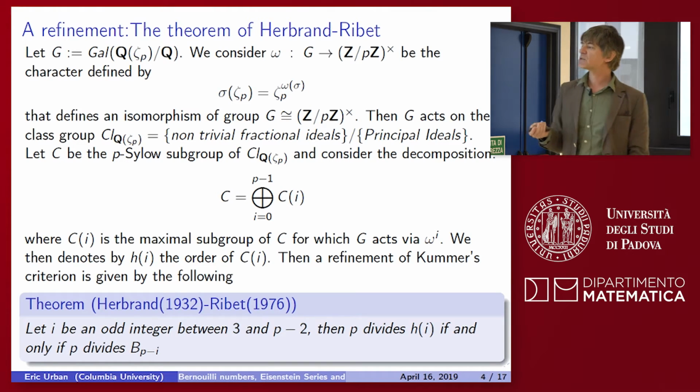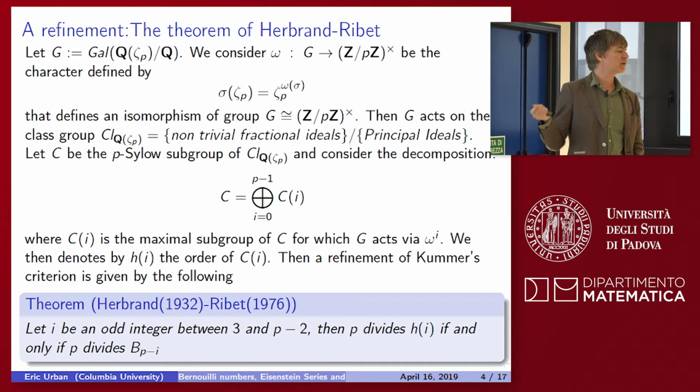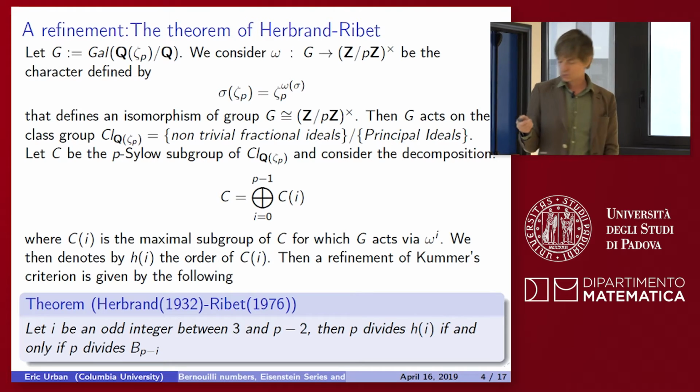So that's why this is really a refinement, and moreover, it's more precise because it tells you that p is a regular prime if and only if p does not divide this product here. Because Kummer's criterion was just a sufficient condition, here you have a necessary and sufficient condition.